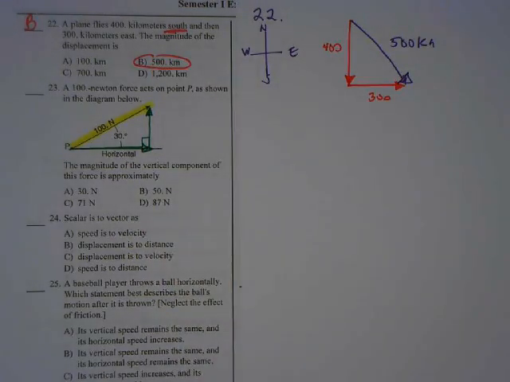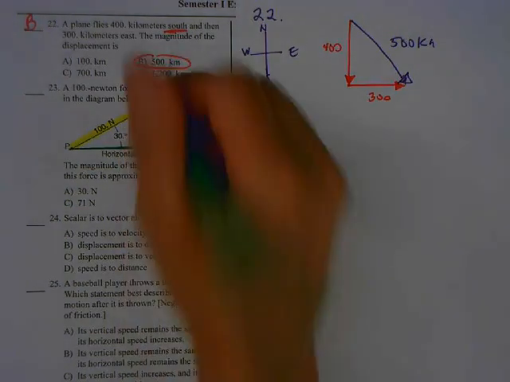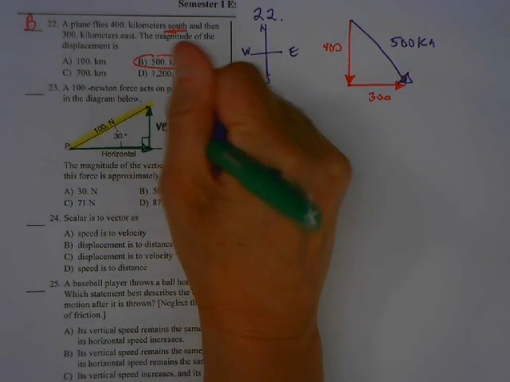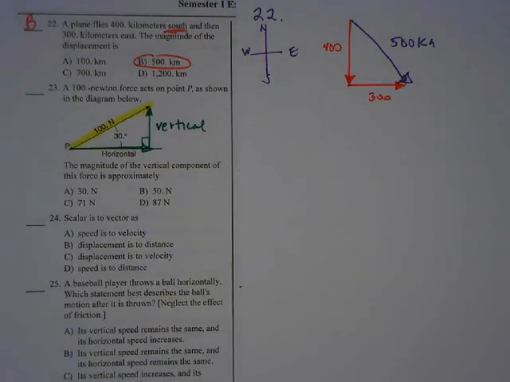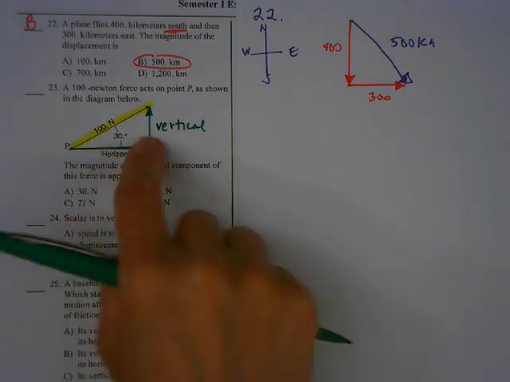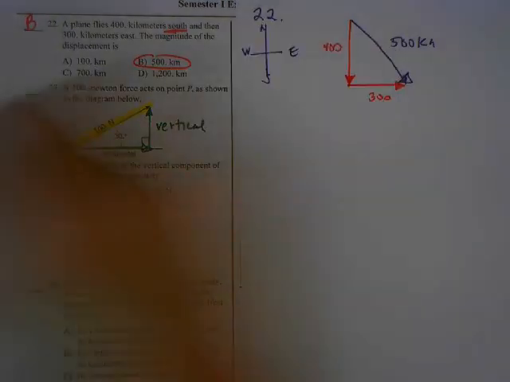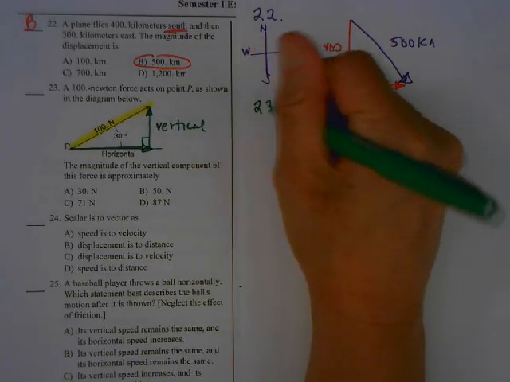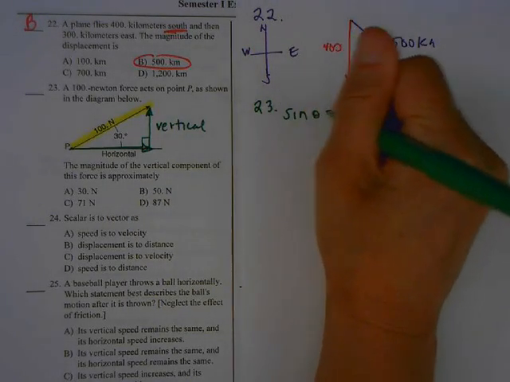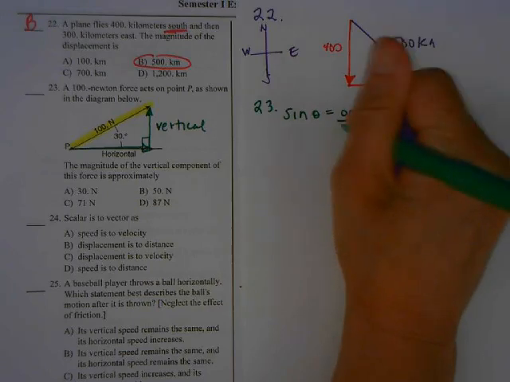So basically I have a right triangle. So the vertical component, this is the vertical. And do I use sine, cosine, or tangent? Well, this is opposite, so that's going to be sine. So sine of theta is opposite over hypotenuse.